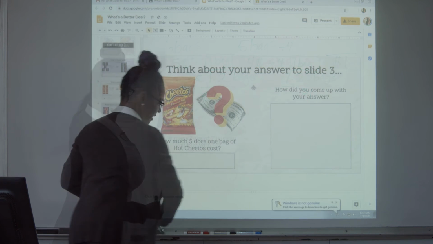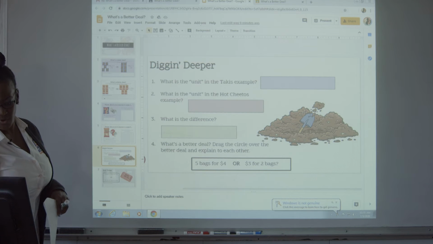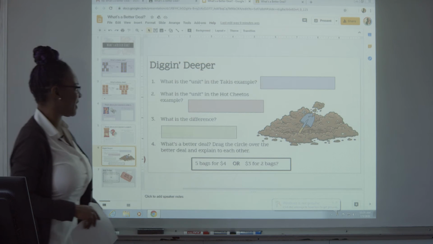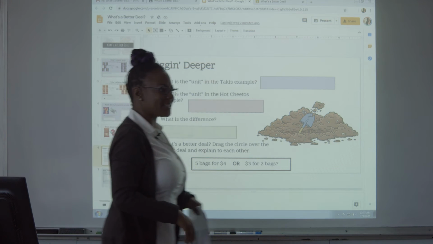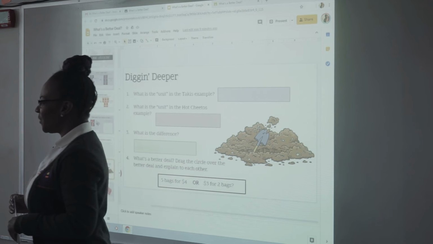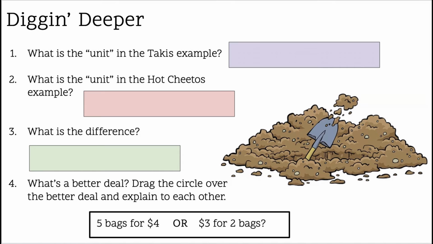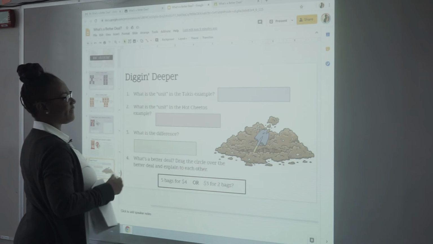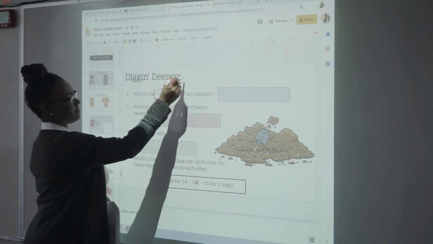All right. So we've talked about how much it costs for 1 bag. We've also talked about how many bags we can buy for $1. So what is the unit in our example? Now, at the beginning of class, we kind of talked about what a rate is, but now we're talking about a unit. In this particular instance, a unit refers to one of something.